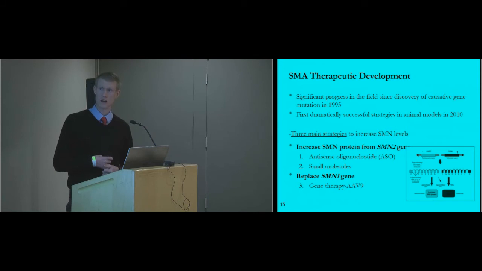And this took a mouse that normally lives about, on average, 13 days to living over 500 days. This was published a couple years before I got interested, but it was really catching momentum. And so I wanted to investigate these therapies using an in vivo model and measures that paralleled what we do in the clinic.